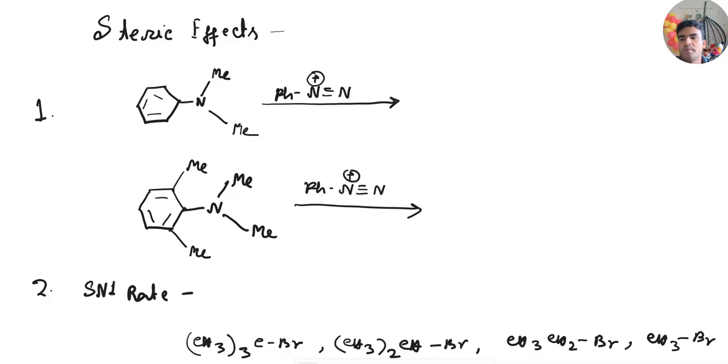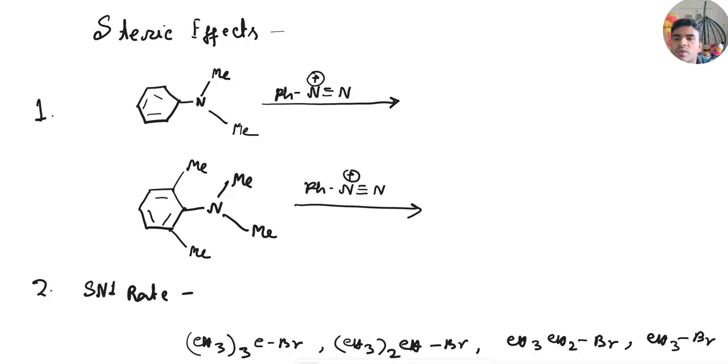So let's say example 1. There are two amines. One is N,N-dimethyl aniline and another one has 2 extra methyl groups at the ortho position of N,N-dimethyl aniline. Now, if we give this electrophile, then a diazo coupling reaction will take place.